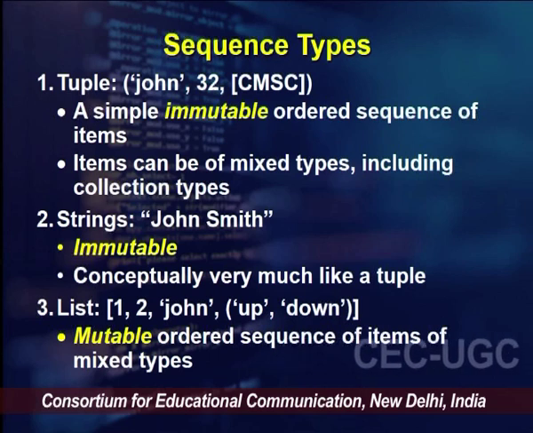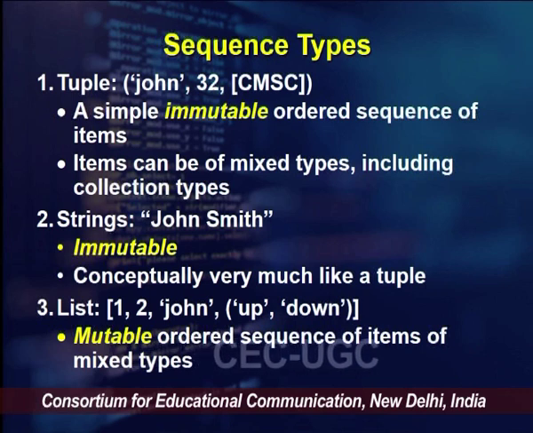Now, what is a tuple? We all know tuple means a row. In this case it is a simple immutable ordered sequence of items. You can have items of mixed types, and we can also have further collections within a tuple, right. So, how do you declare a tuple?